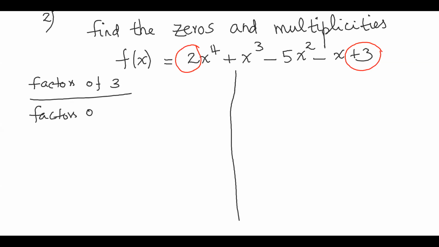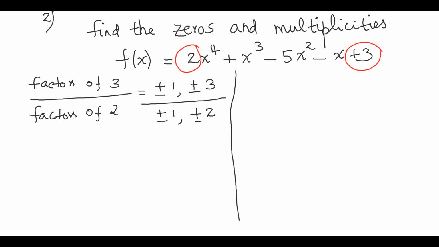So you have to write all the positive and the negative numbers that can go into 3, which are 1 and 3. And the denominator is going to be 1 and 2, because 2 and 3 are prime numbers, so only 1 and themselves can go into them.